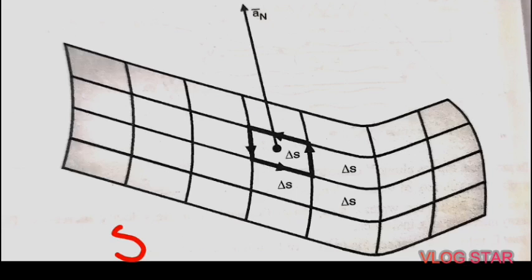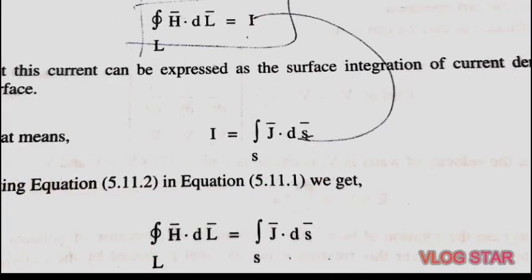Each incremental area del S tends to 0. According to Ampere circuital law, the current enclosed by the closed path is the closed line integral of H dl is equal to I. We have already studied this statement. The line integral of H bar dot dl bar is equal to I.